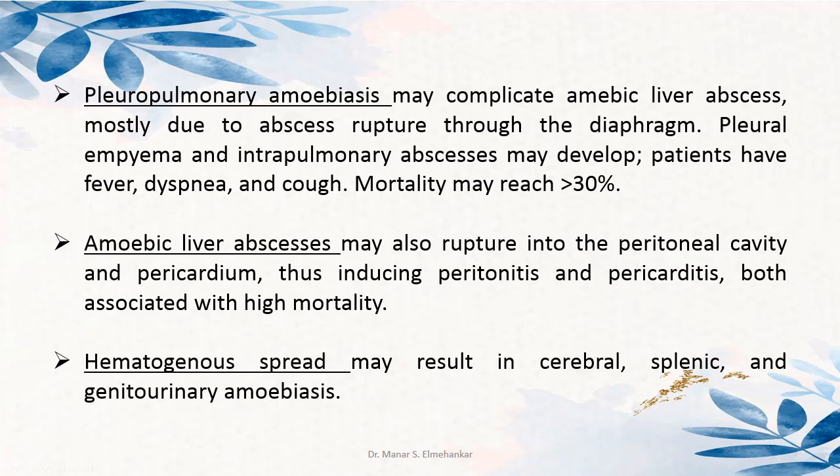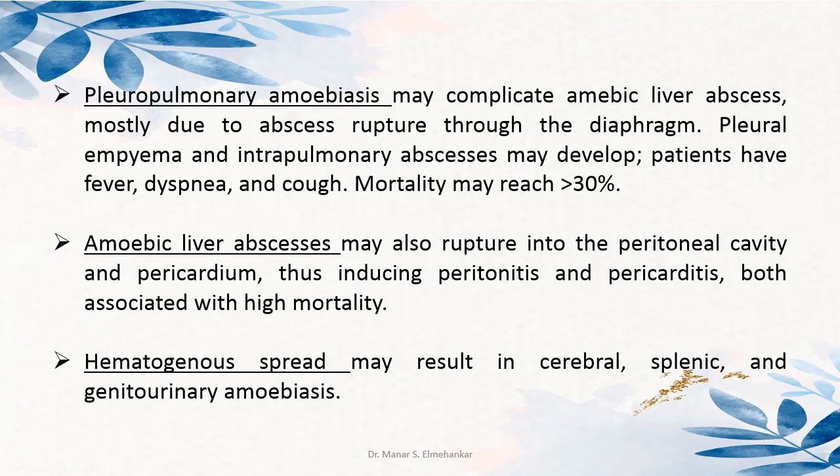Pleuropulmonary amoebiasis may complicate amoebic liver abscess, mostly due to abscess rupture through the diaphragm. Pleural empyema and intrapulmonary abscess may develop, and patients have fever, dyspnea, and cough, and the mortality may reach up to 30%.